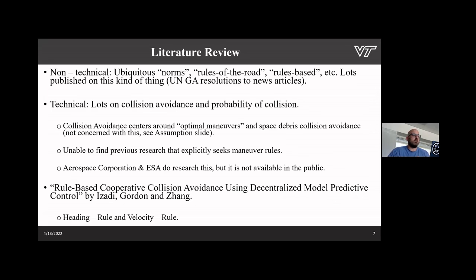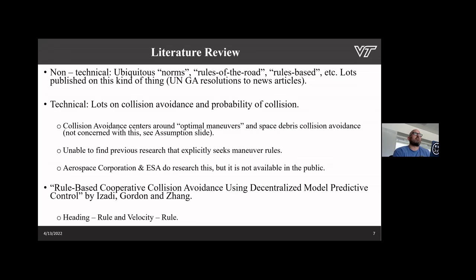There's a lot about optimal maneuvers around space debris. But I haven't found a whole lot on attempts to create some kind of system that will designate right of way right away. And in the news, you see a lot of policy.